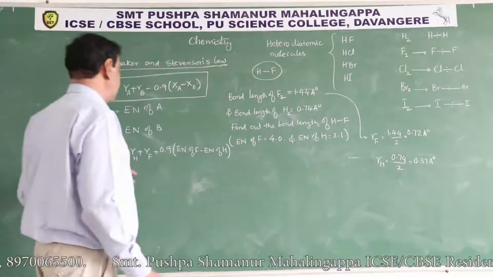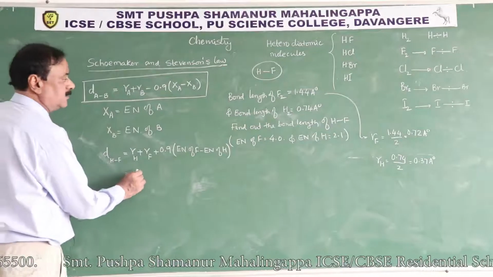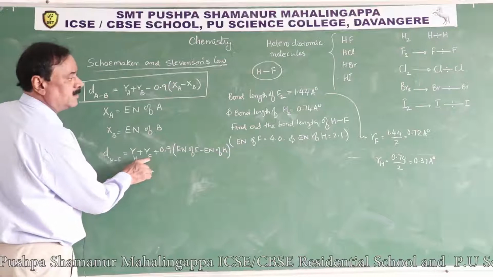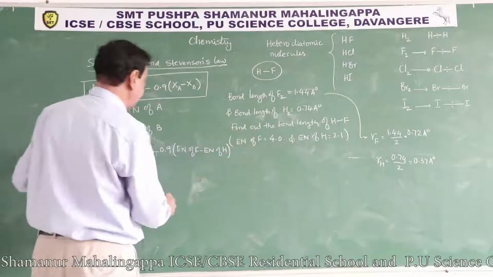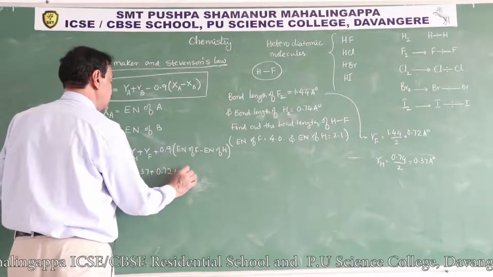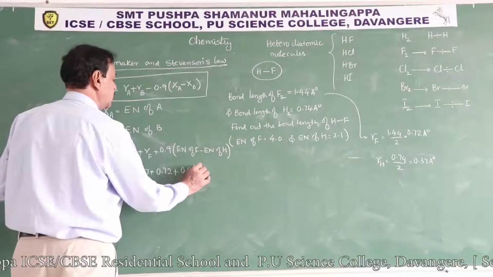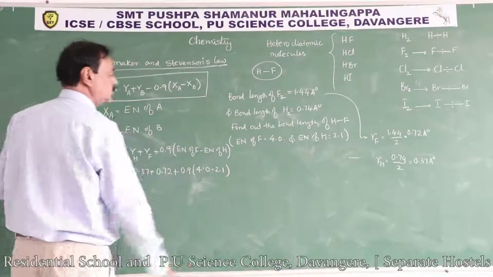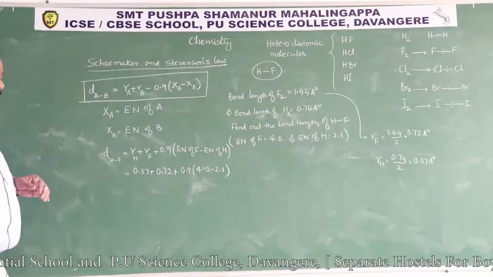Now substitute these values. That is 0.37 Angstrom unit plus 0.72 Angstrom unit plus 0.9 into (4.0 - 2.1).